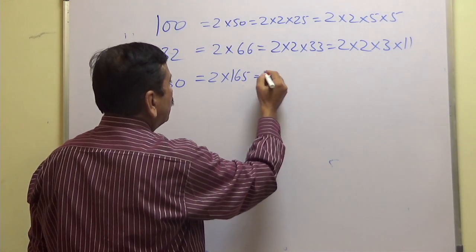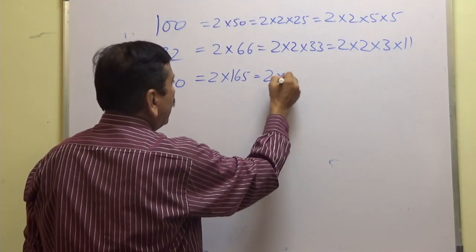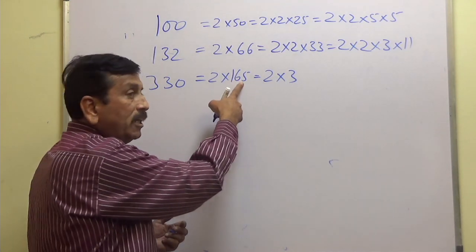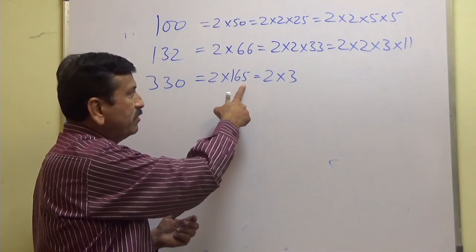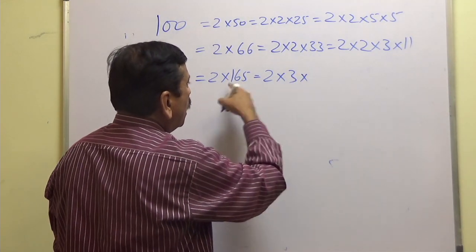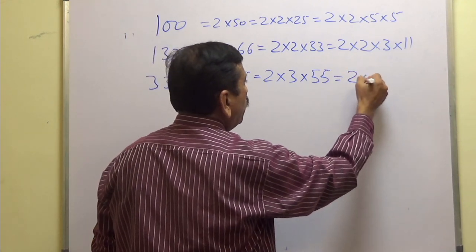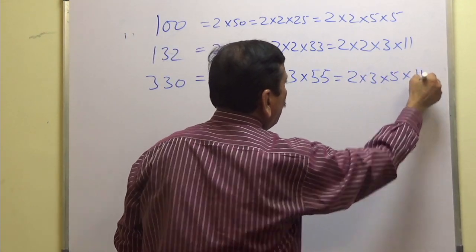Then this again has factor 3. Why? 1 plus 6 plus 5 is 12, so the sum of the digits is divisible by 3, so the number is divisible by 3. Divided by 3, 330 is 2 into 3 into 5 into 11.